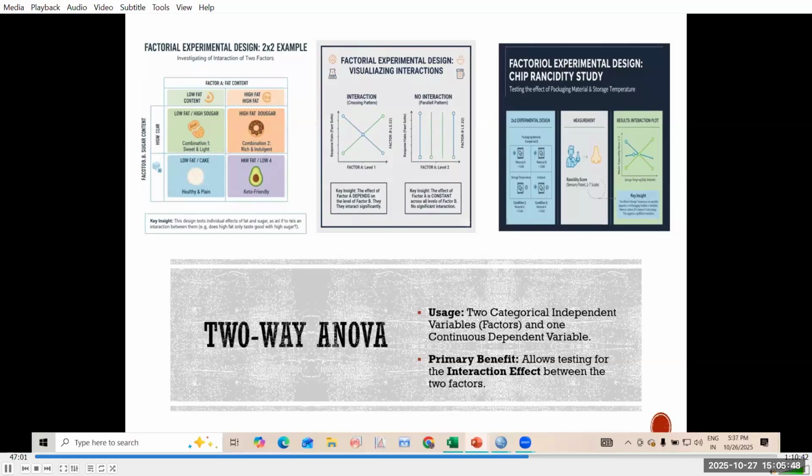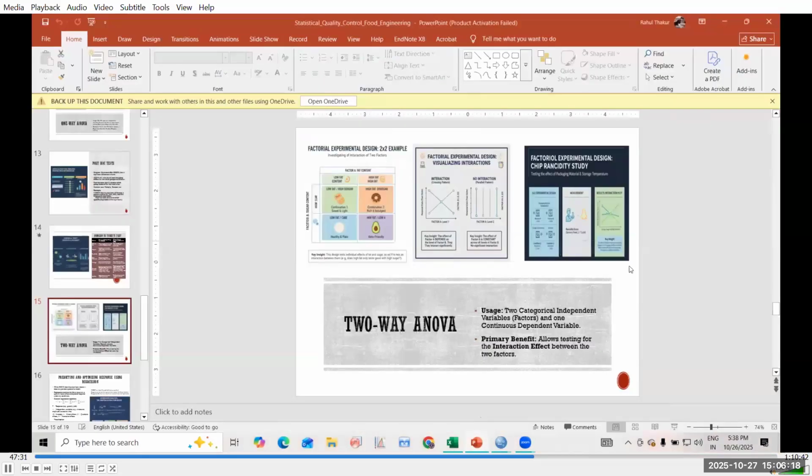It tells us the individual effects of each factor and the interaction effect, meaning how both factors together affect the dependent variable, like the protein yield, whether significantly positively or significantly negatively. Let's go for the analysis in the SPSS software.